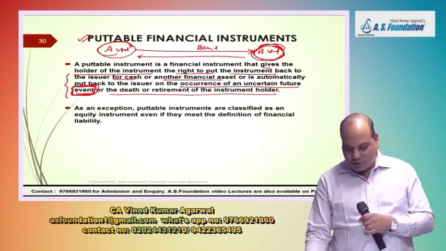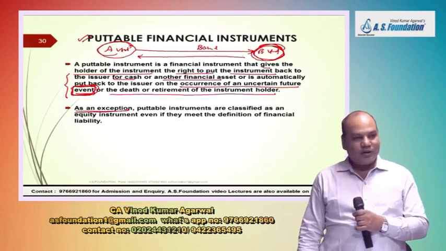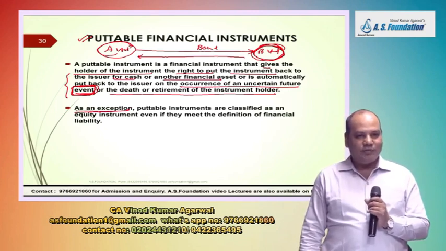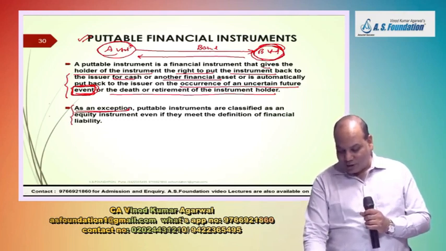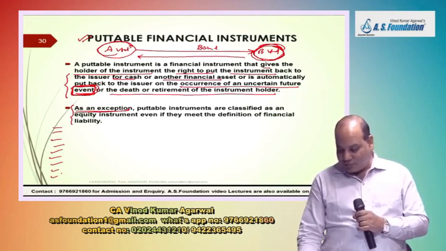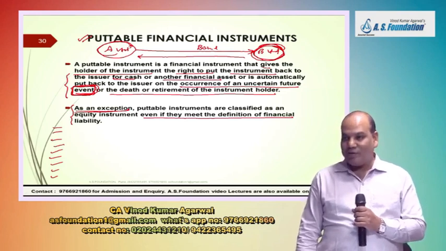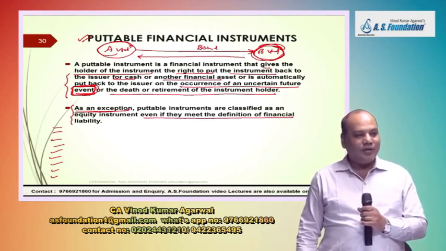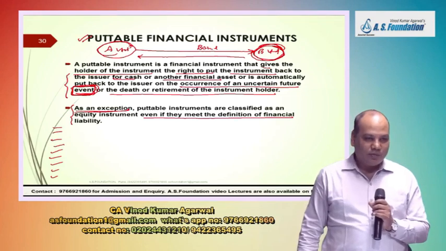As an exception, please underline, puttable instruments are classified as equity instruments. And there are many terms and conditions given in the standard which you will read as homework. Okay. Then it is an equity instrument, even though it meets the definition of a financial liability.